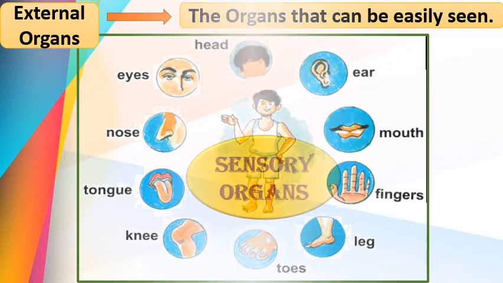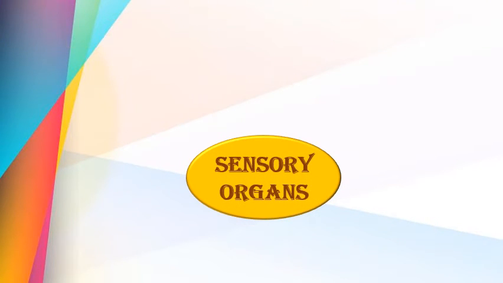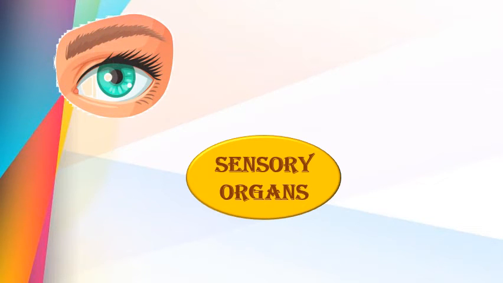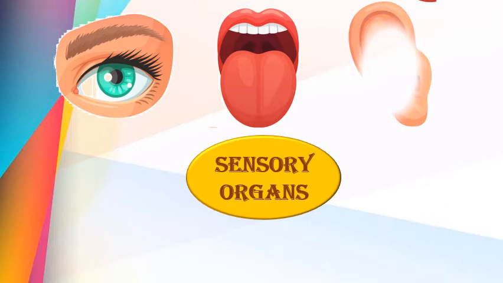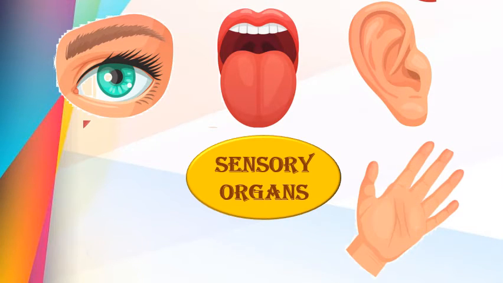Now one more type of organs we have. See, these are called sensory organs. For example, eyes, tongue, ear, skin and nose.